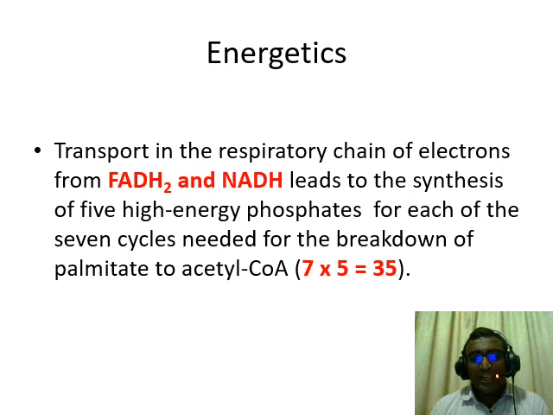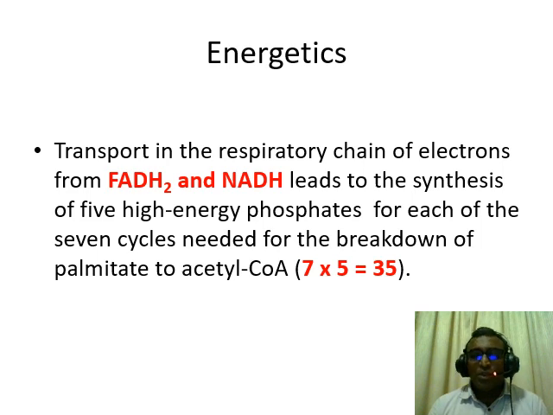So now let's do the calculation of the total number of ATP that can be obtained if palmitic acid undergoes beta oxidation followed by the electron transport chain. You already know that palmitic acid will undergo 7 rounds of the 4 steps. Therefore, there will be 8 acetyl coenzyme A as well as 7 FADH2 and 7 NADH. You know also that each FADH2 going through the electron transport chain will yield 2 ATP, while NADH will yield 3 ATPs.